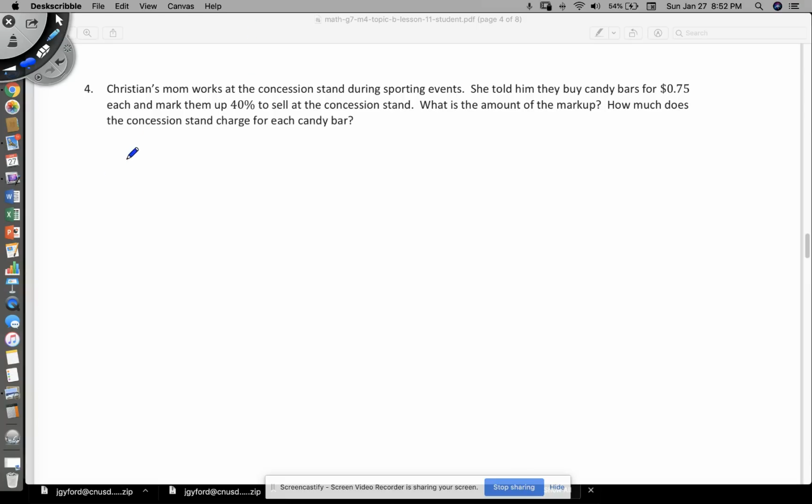Okay, so we know that the sporting event people, they buy the candy bars at 100% value, and then they take it and mark it up an additional 40%. So we're going to add 40% to that, and we get 140%. Now, to transfer that into a decimal, we get 1.40.